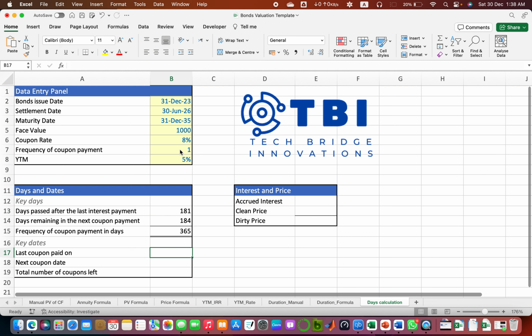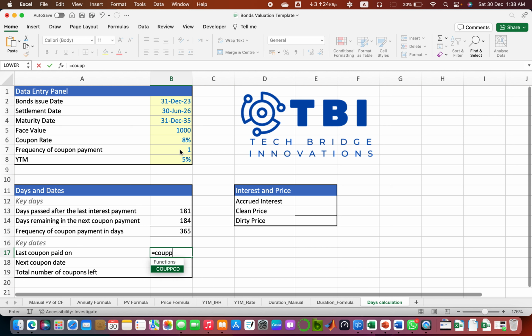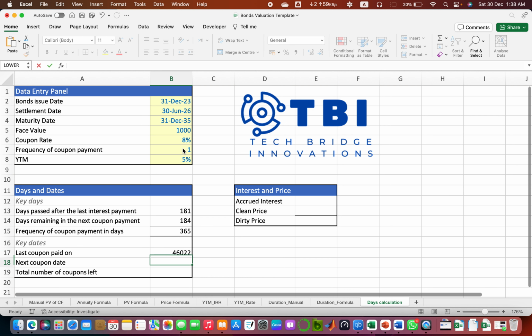And then key dates: last coupon paid on. When was the last coupon paid? For this, the formula is COUPPCD. And then again the same thing: the settlement, then maturity, then frequency, and payment convention.